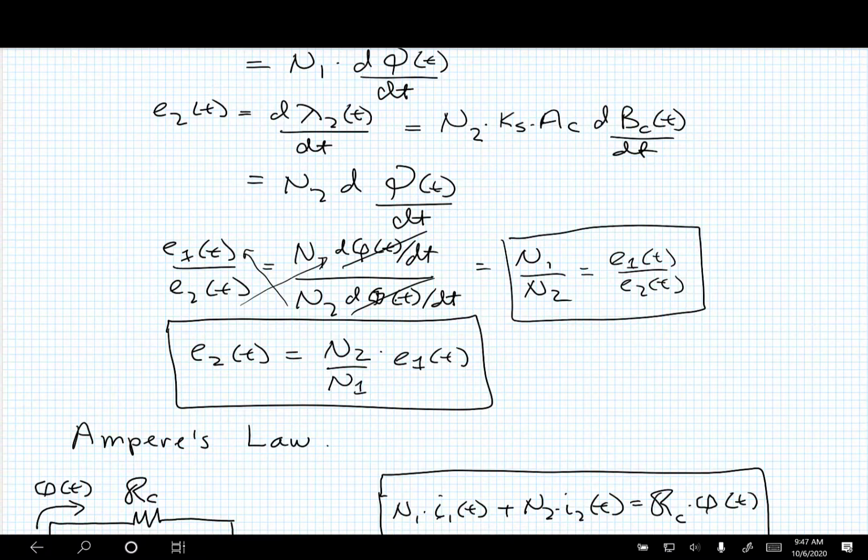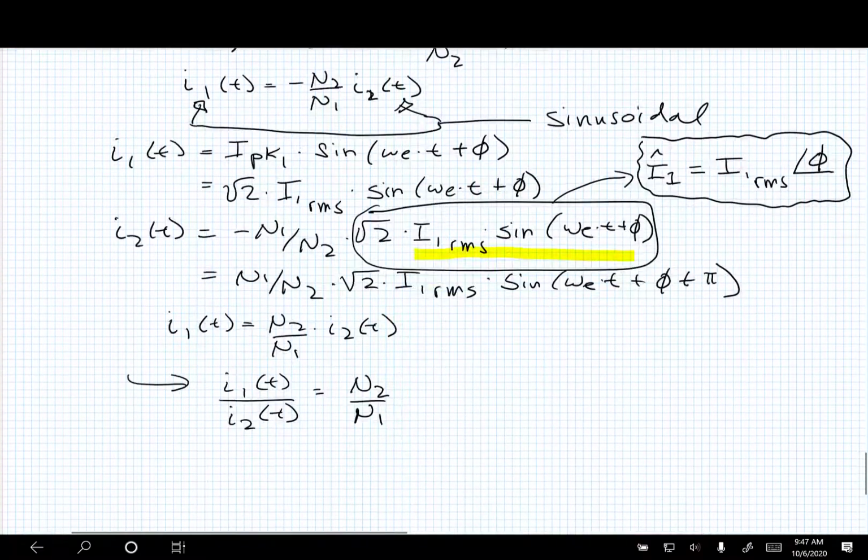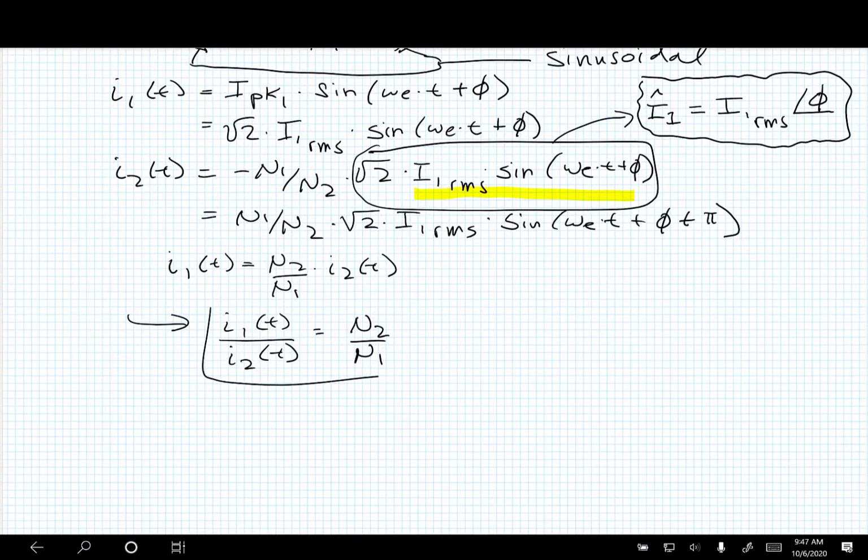So it's the opposite, n2 over n1. If the transformer is going to boost up my voltage on the secondary side, it's going to buck down my current on the secondary side.